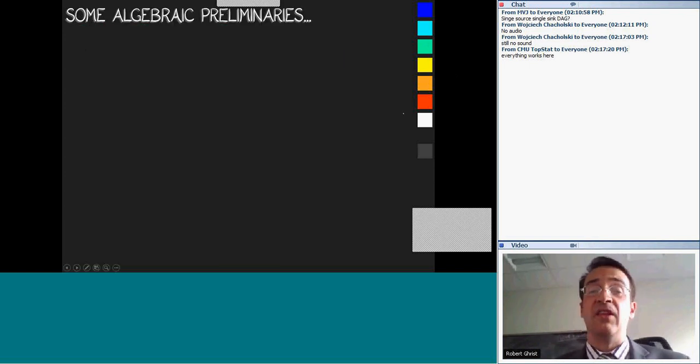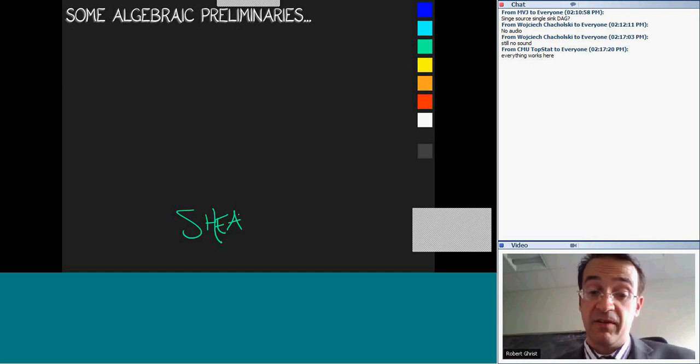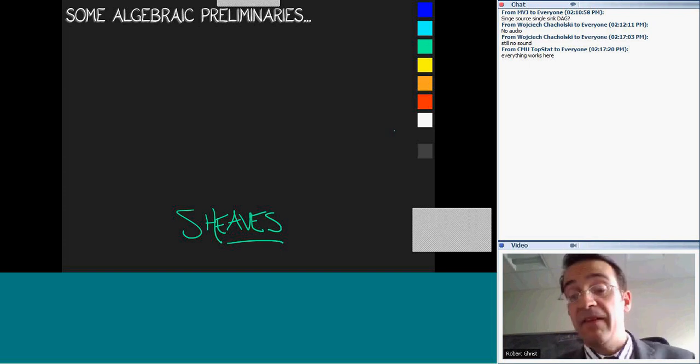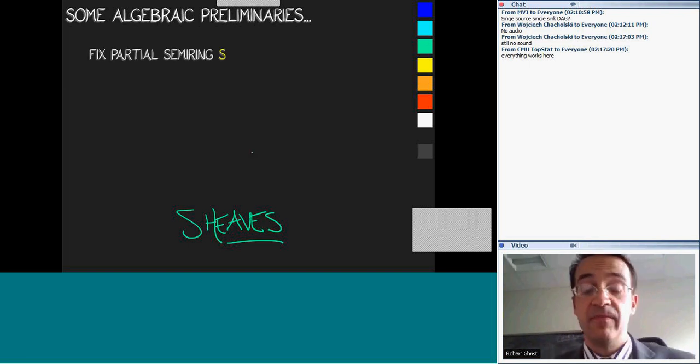There's a lot of algebraic preliminaries in order to get things to work. The goal is to use algebraic topology in order to reprove the classical theorem. That involves looking at sheaves and all the things that you can do with sheaves, namely sheaf cohomology, cosheaf homology, and all the other wonderful algebraic topology. Unfortunately, homology taking values in semimodules is not standard stuff.